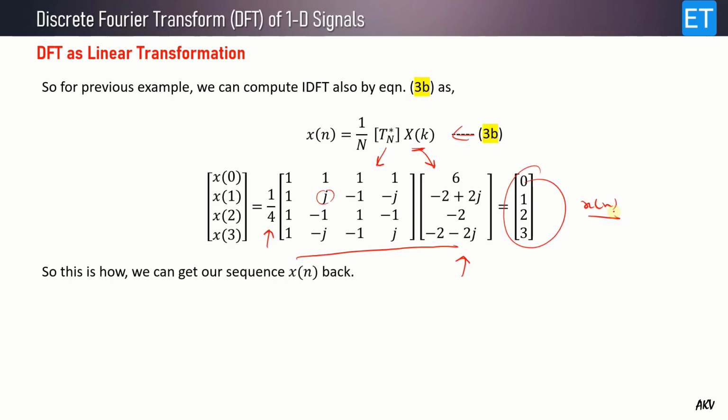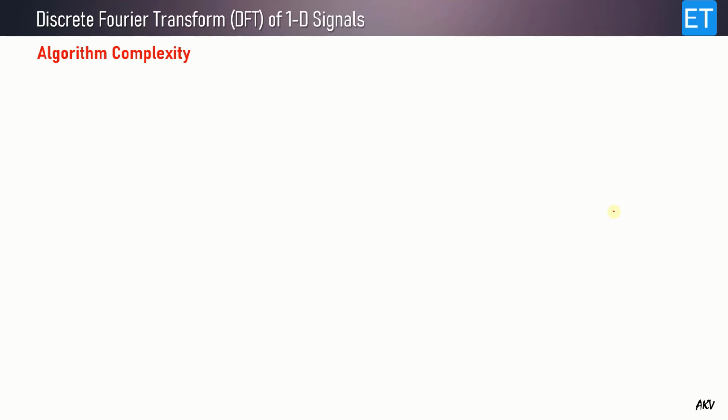Now you can see that finding DFT or IDFT is a very simple process of just multiplying two matrices. So with the help of a computer you can write a matrix multiplication program and find the DFT of any sequence. Now let's talk about the algorithm complexity. Consider this DFT formula.